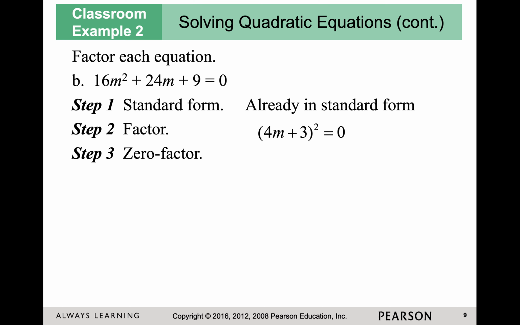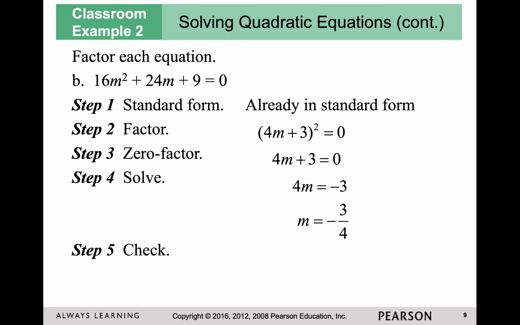Either one's going to get you there. Then I'm going to apply the zero factor rule, and I'm going to get m is equal to negative 3/4. So if I graph this polynomial in Desmos.com and enter it as 16x squared plus 24x plus 9, because it's not going to recognize the letter m, you should see there's one x-intercept and it's at negative 3/4.